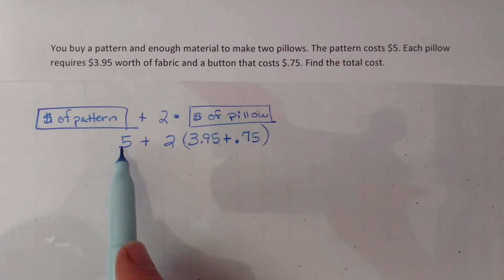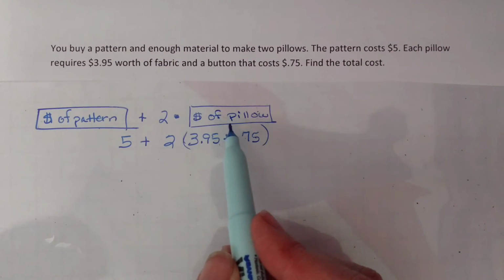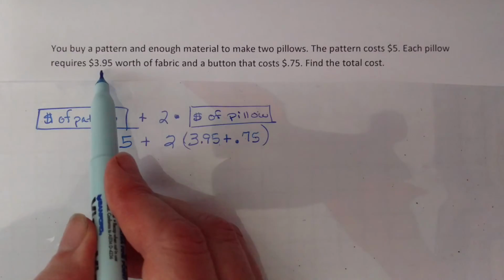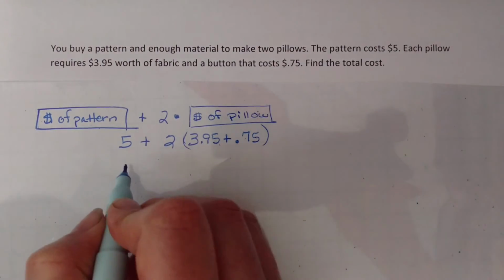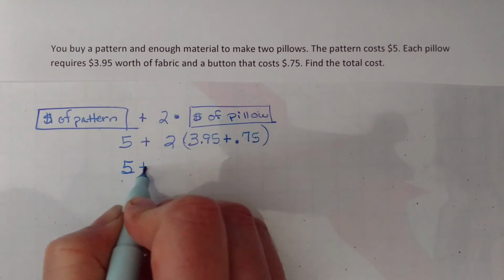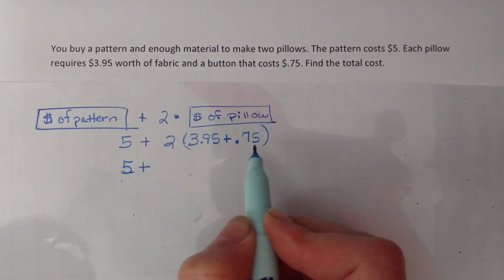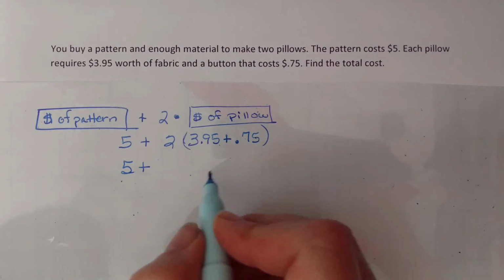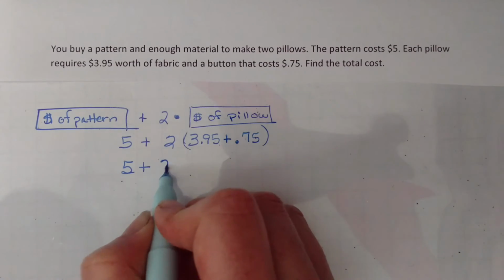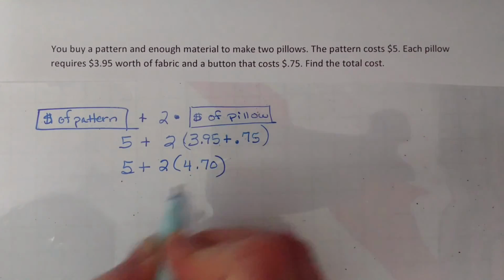How much the pattern cost? $5. And then 2 times the cost of 1 pillow. 1 pillow costs $3.95 plus a button. So using order of operations, I can just keep that 5 plus, and now I need to figure out how much this is that's in the parentheses. Well, $3.95 plus 75 cents is going to give me 2 times $4.70.